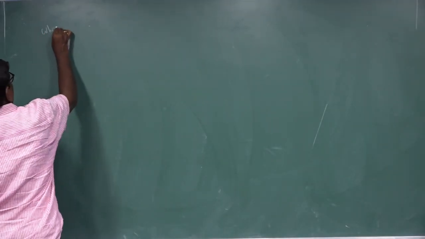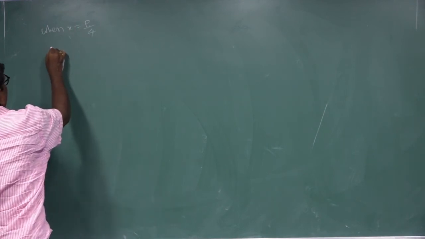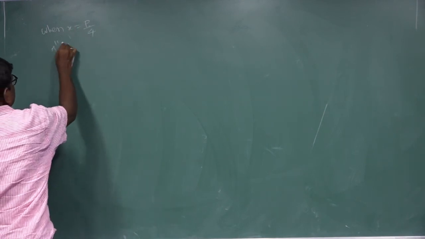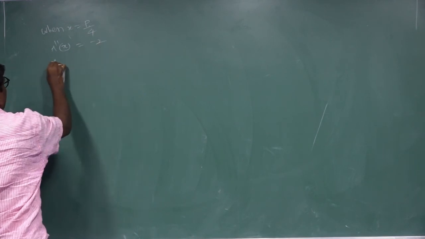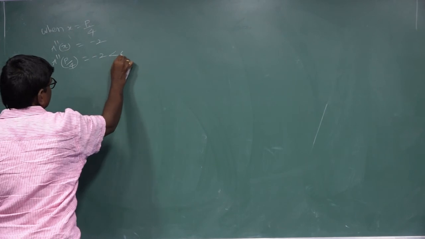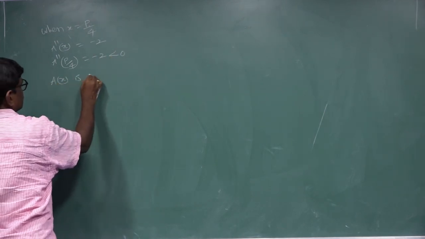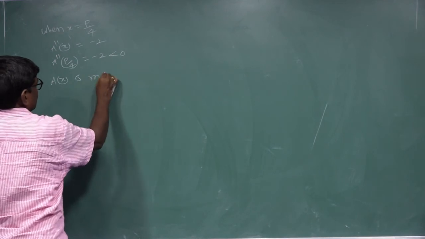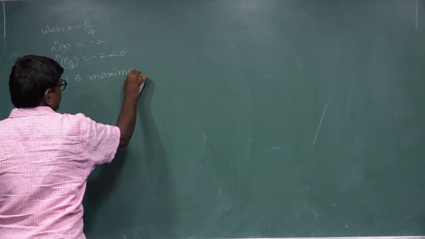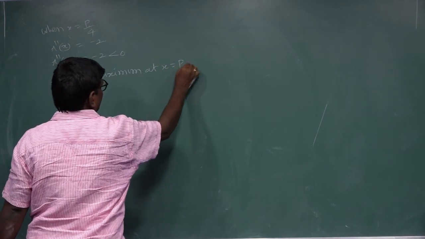When x equal to P by 4, A double dash x equal to minus 2. A double dash P by 4 equal to minus 2, less than 0. So A of x is maximum at x equal to P by 4.